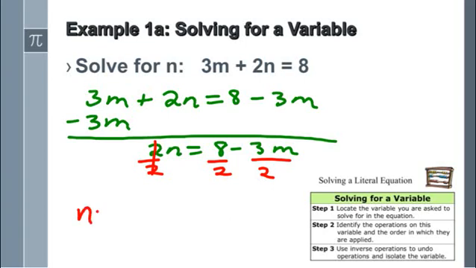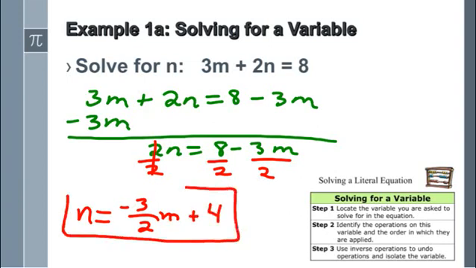And I'm left with n equals, and I'm going to put my m first. So it's going to be a negative 3/2 m plus 8 divided by 2 is 4. And so this would be my answer. You could have also had 4 minus 3/2 m. That would also work. But you can see that I can simplify half of that side. So it's better to have plus 4 instead of having it 8 divided by 2.